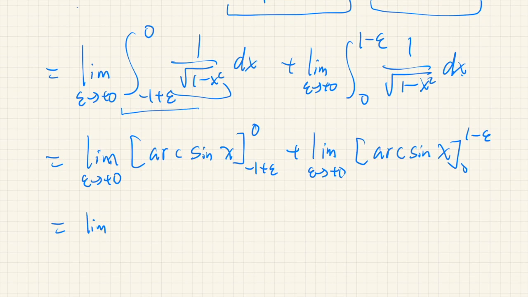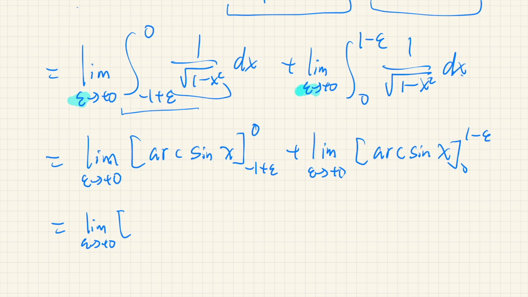And by the way, this epsilon and this epsilon are independent. They are not the same epsilons, okay? We happen to use the same symbol, but they are completely different things.